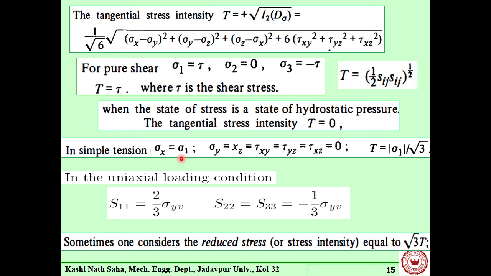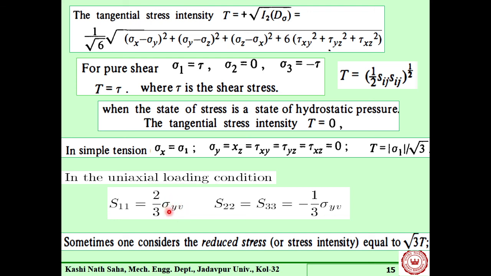Sigma 1 by 3. So in the deviatoric stress matrix, the first diagonal element S11 is sigma 1 minus P, so 2/3 sigma yield value.